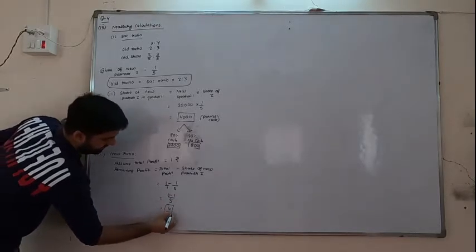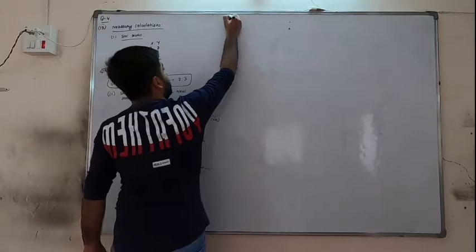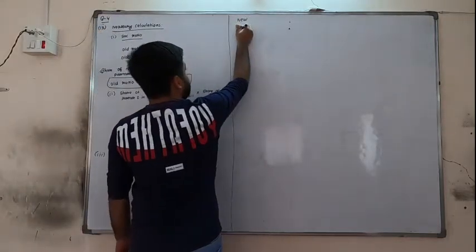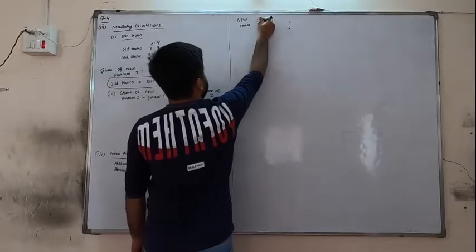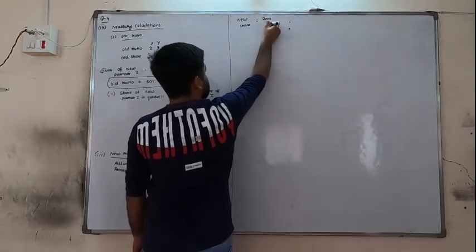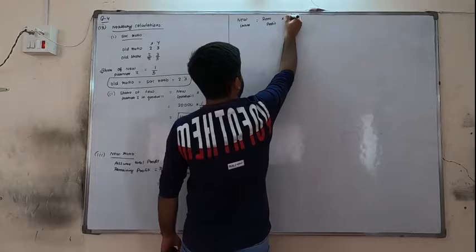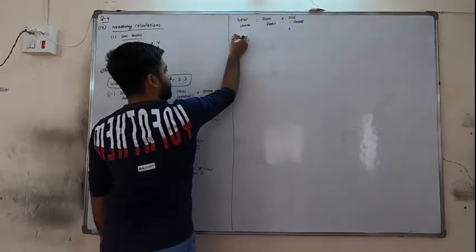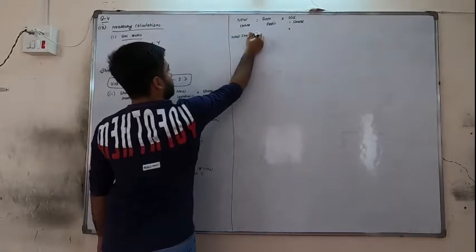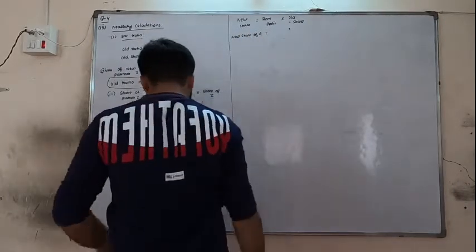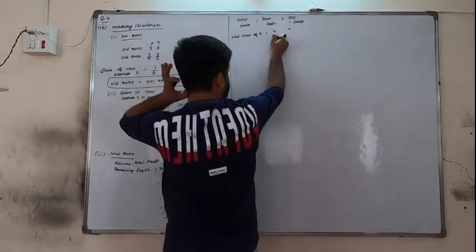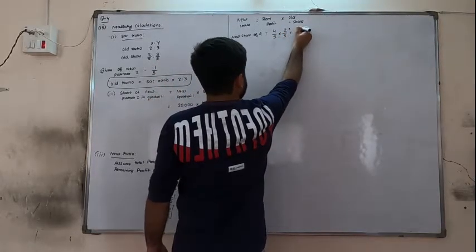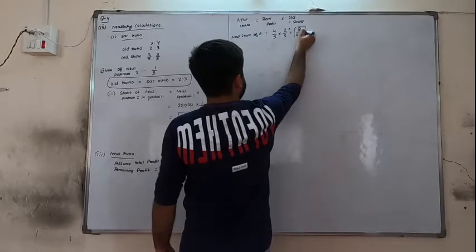So remaining profit is 4 by 5. After that we will calculate new share. New share is equal to remaining profit multiplied by old share. New share of X: remaining profit is 4 by 5, old share is 2 by 5. So 8 by 25.